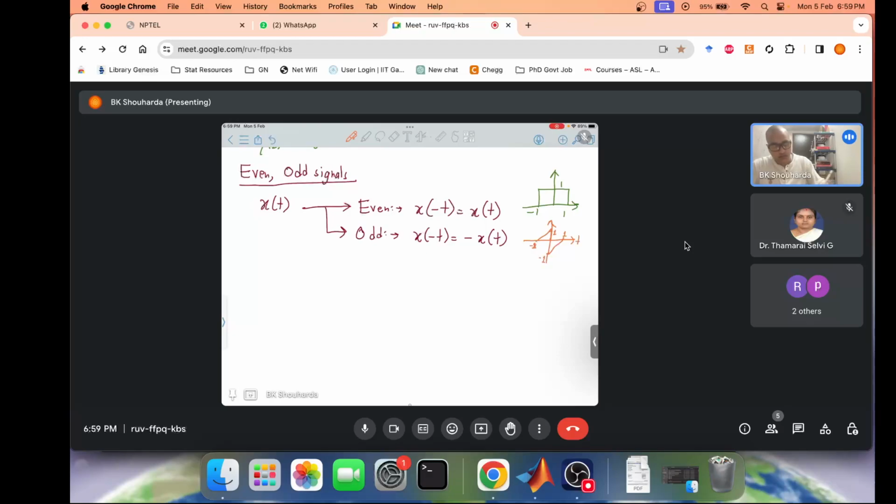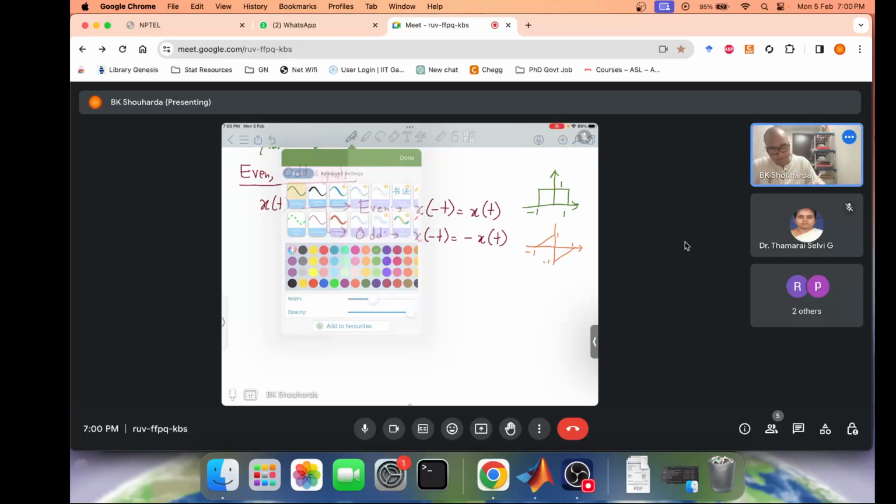Okay, it's not looking good. Let me make it look good. Okay, so this is an odd signal. As you can see, it's anti-symmetric. It should be -1.